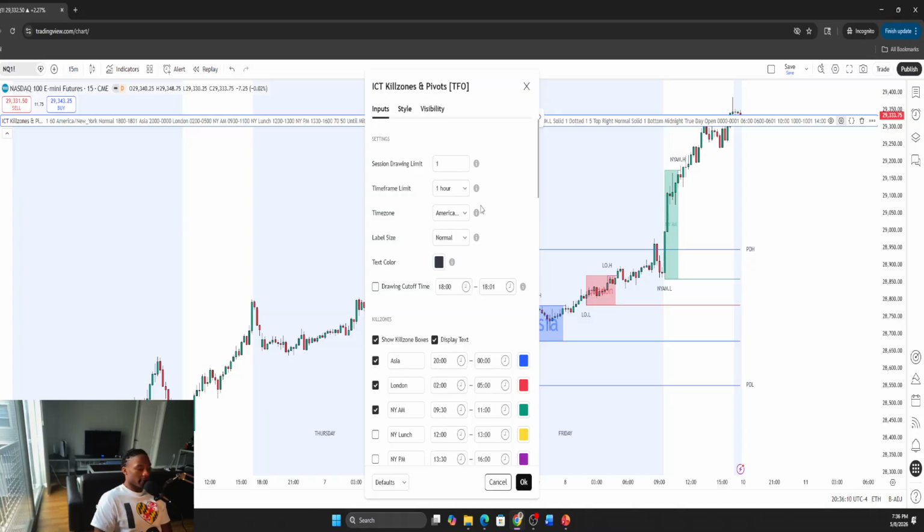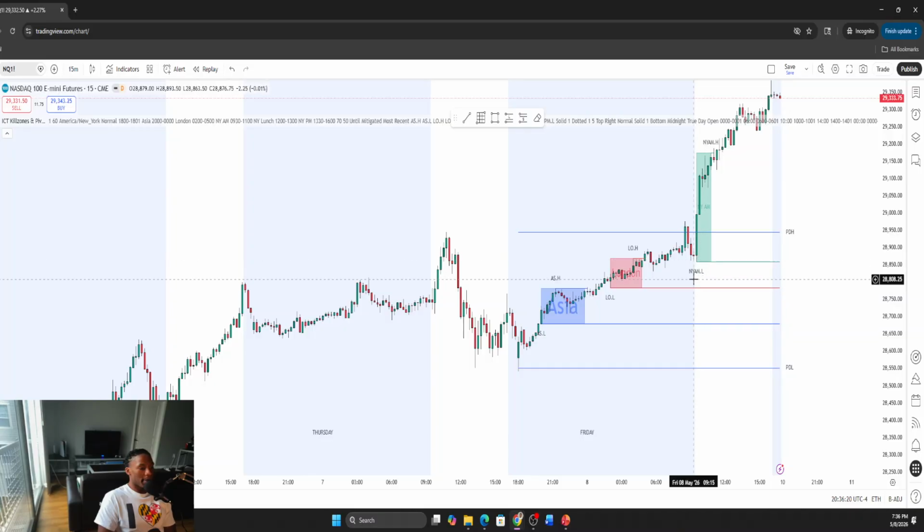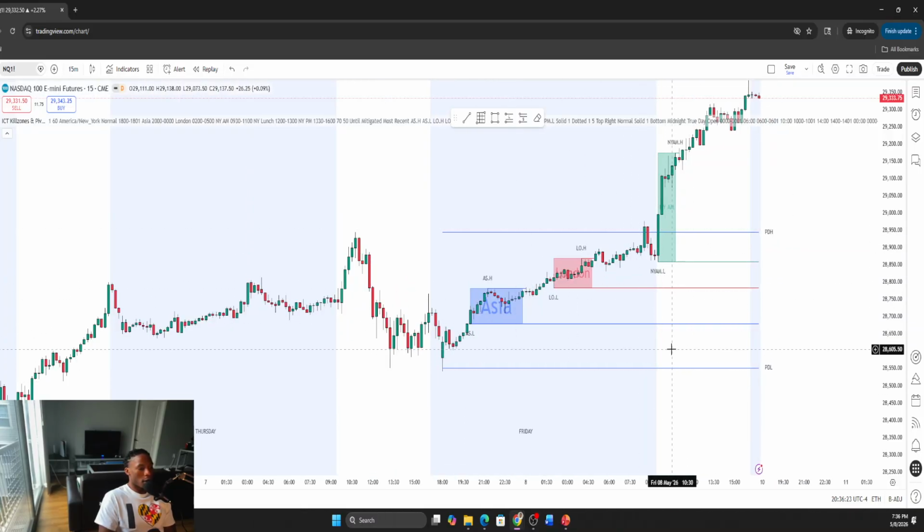Keep this like that. I am right now on -4, so New York session time, but I'm pretty sure these will auto adjust. But long story short, you want these to be in these certain points, right? You want your New York session open to be 9:30 a.m. if you're in -4, 8:30 if you're in -5, and whatever.